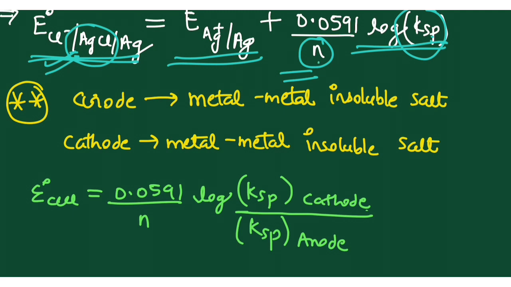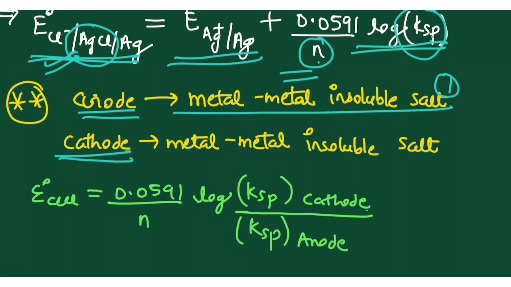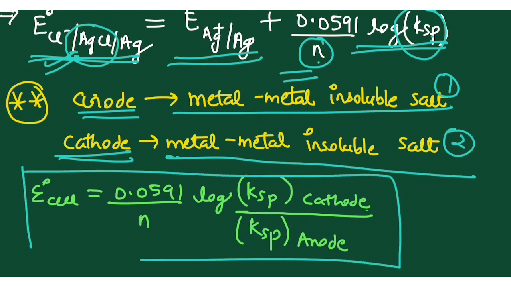Now suppose you have an anode of one metal insoluble salt 1, and a cathode of another metal insoluble salt 2, and you have to calculate E naught cell. So E naught cell will be given by 0.0591 divided by n log of Ksp of the salt at the cathode divided by Ksp of the salt at the anode.